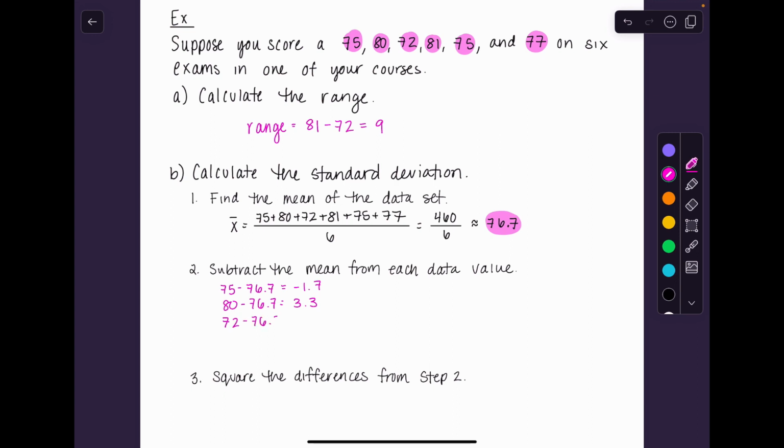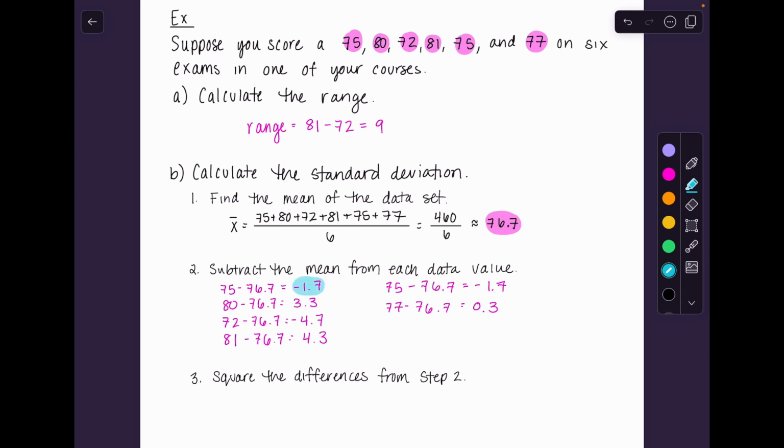We subtract the mean, and the distance is negative 4.7. Fourth value, 81, minus 76.7 gives us positive 4.3. Then we've got 75, subtract the mean, and it gives us negative 1.7. And last but not least, we have 77 minus the mean, giving us a really small value of 0.3. So this gives me the distance from each data value to the mean.